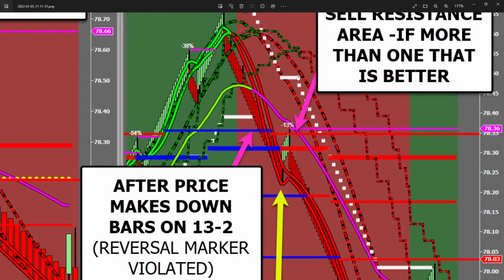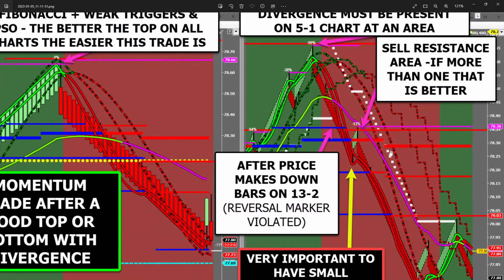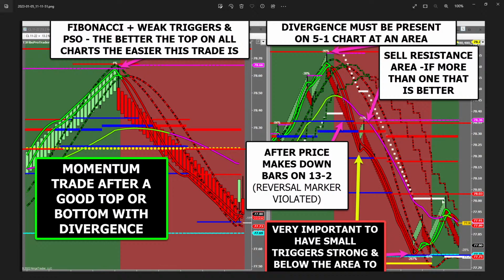Not always, never, but if you have a super quality top and you have a high momentum move, sometimes you have to sell the first area or else you don't get any money. And look, you'll get a trend trade eventually, but you miss the bulk. Does that make sense?